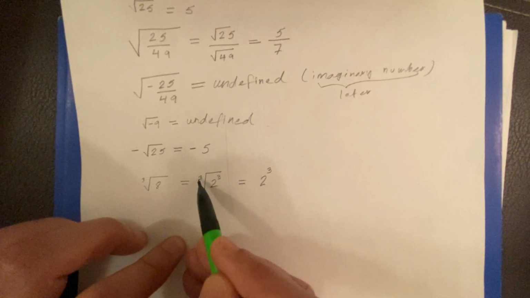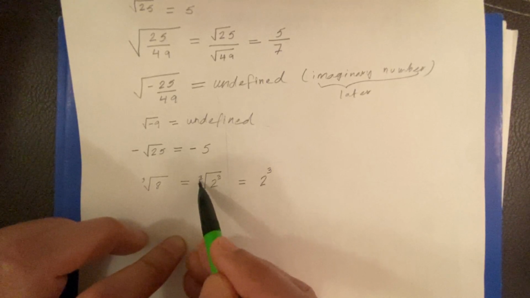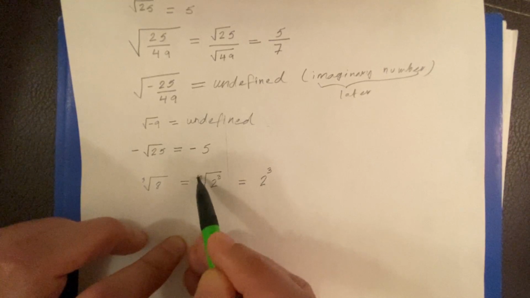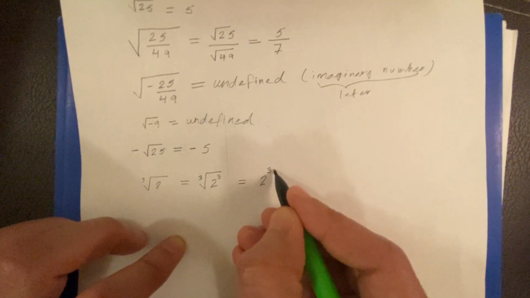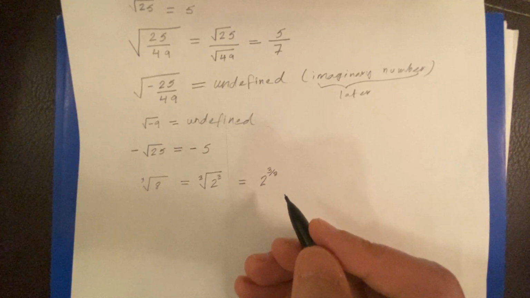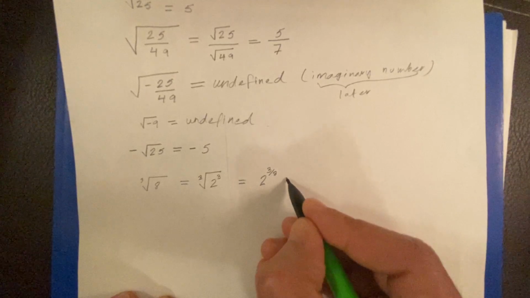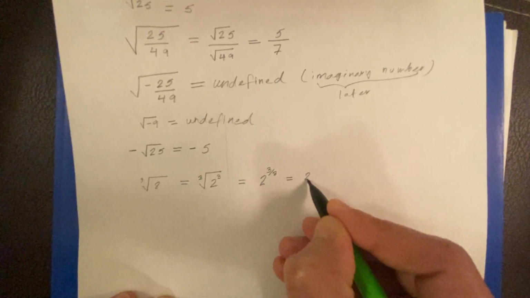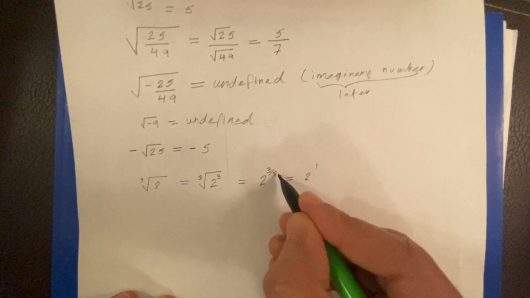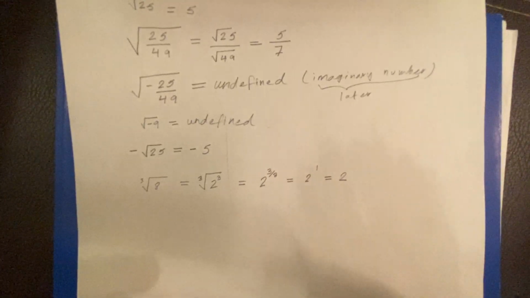So this 3 we write here, right? So this is called the index. So whatever number there is here, we are basically going to write on the denominator, so 3 over 3. So this way we get 2 to the power 3 over 3, which is just 2 to the power 1, because 3 and 3 cancel, it's just 1, which is just 2. So that way we get 2.